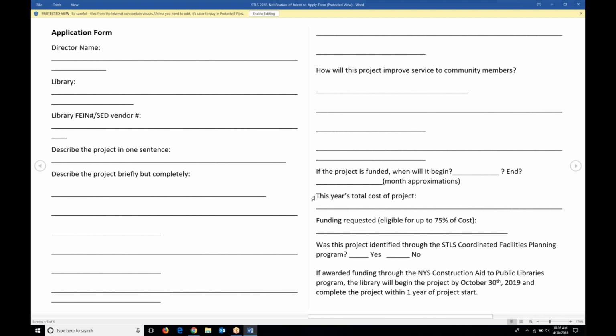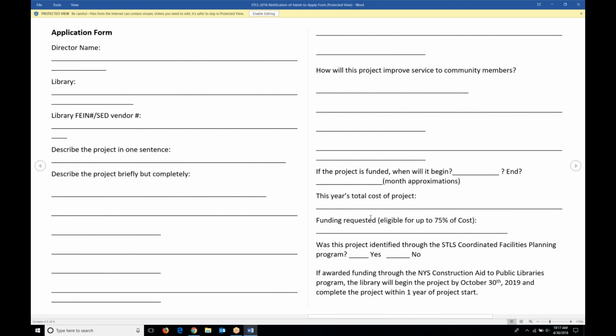The reason this says this year's is because some projects are phased and go over multiple years, but each application is treated by the state as a distinct funding allocation and has to have a discrete scope of work that these funds are used for. So this can be tricky when you have a project phased over a number of years, making sure that the funds match your scope of work year over year, because you have to account for that at the end of your project year.